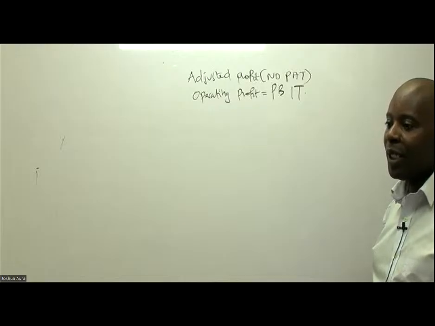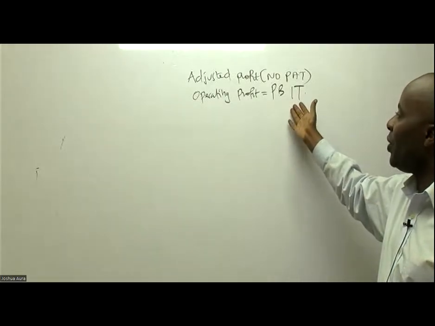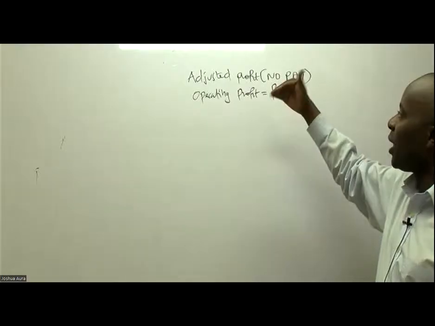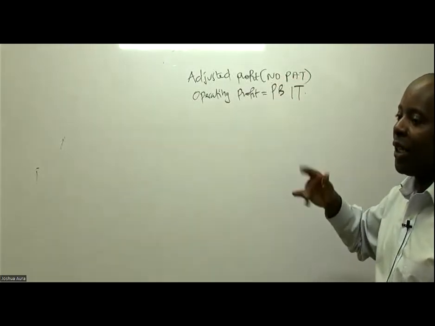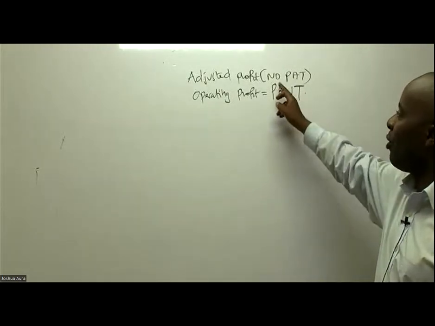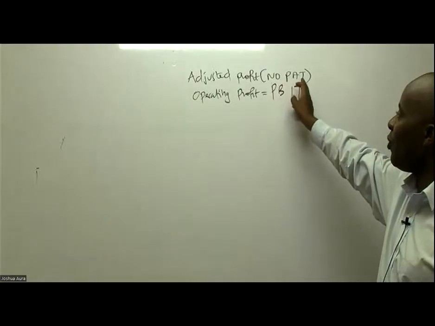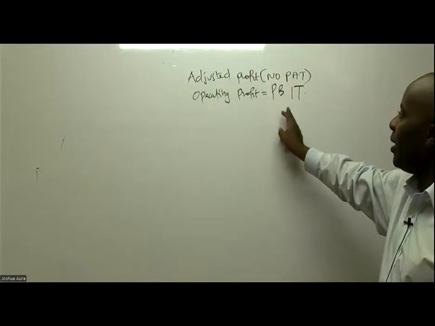Profit before interest and tax. Actually, what you're supposed to do to be able to get this PBIT, it's very easy. Just look at all the items affecting our profitability and leave out the interest and the tax. But later on, of course, it will be required here to adjust to get net operating profit after tax, we will come in and less the tax aspect.